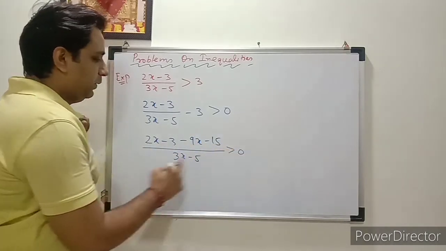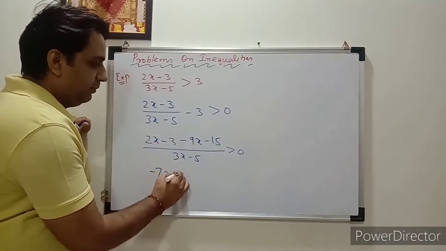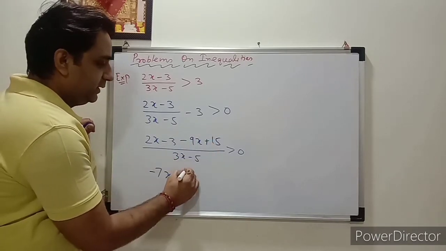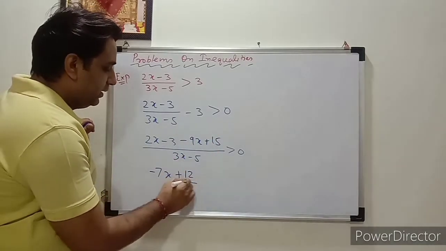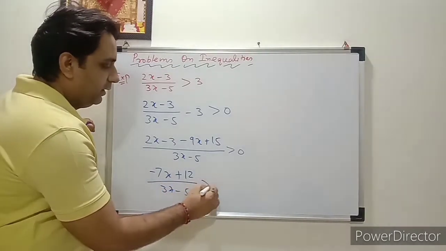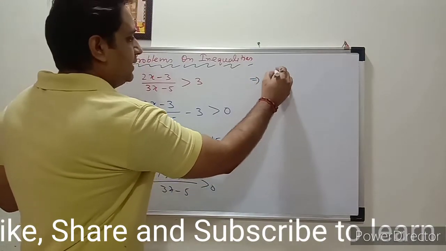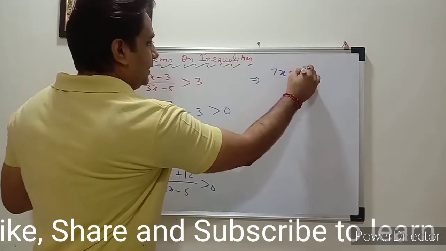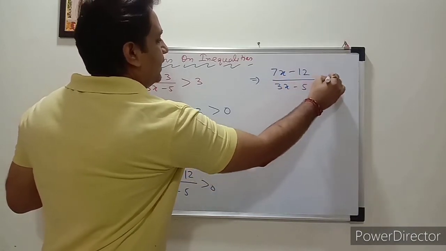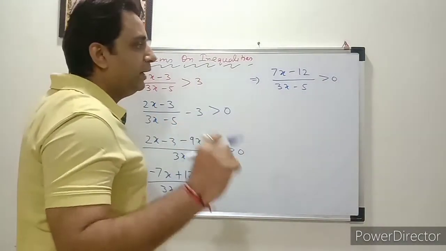Finally, we get 2x minus 9x, that is minus 7x, and minus 3 times minus 5 gives plus 15, so 15 minus 3 is 12. So we get (7x minus 12) upon (3x minus 5) greater than 0, correct?